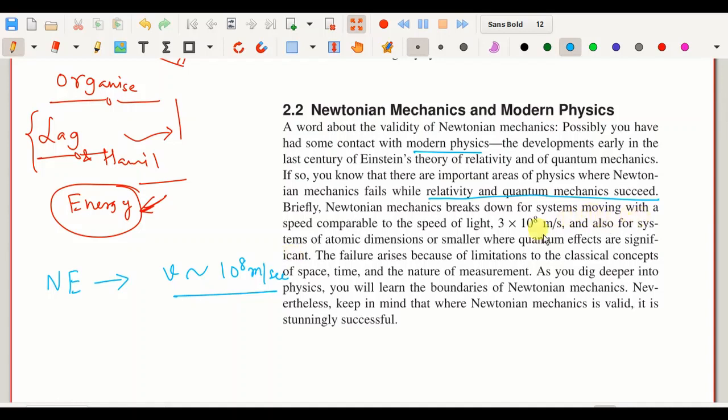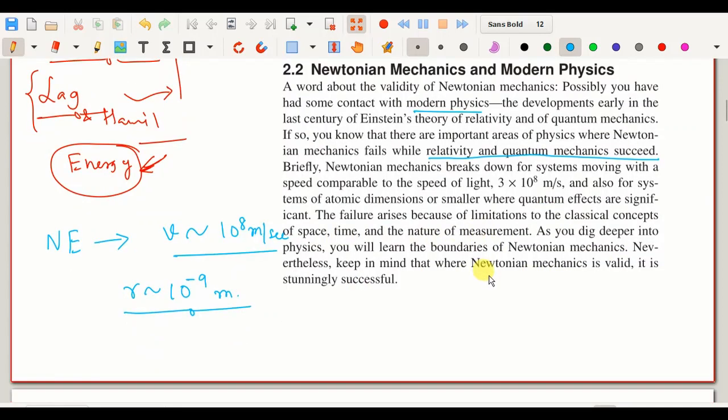And also for systems of atomic dimensions, which means if you have a size of 10 to the power minus 9 or 10 meters, Newtonian equations can't define those things. The failure arises because of limitations of the classical concept of space-time and the nature of measurement. I have already told you that space-time is not the same as you realize intuitively.